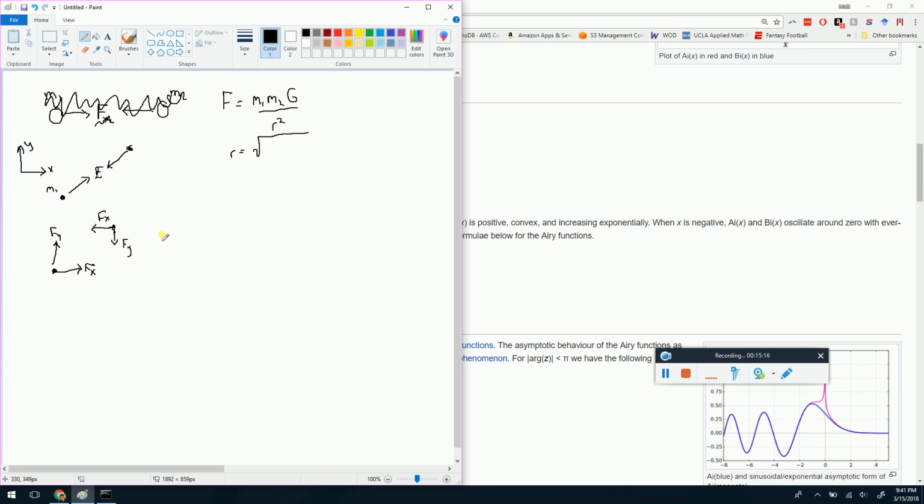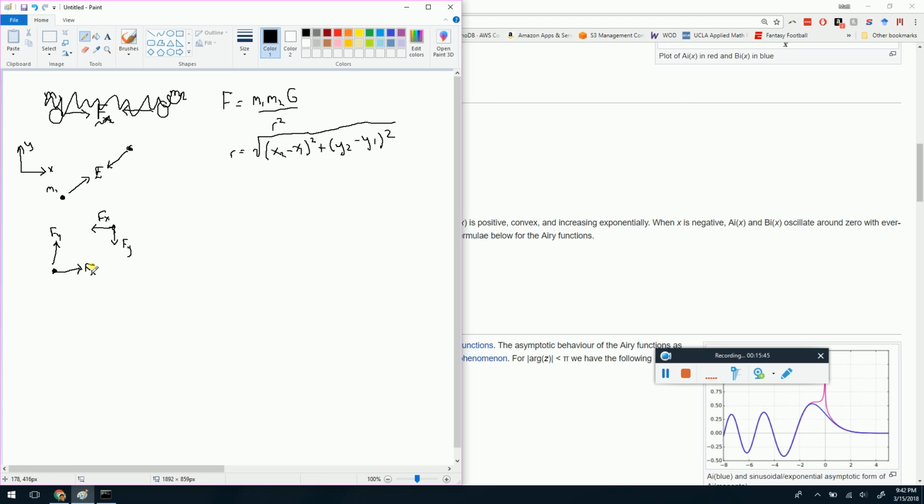So we need x2 minus x1, squared, plus y2 minus y1, also squared. Since it's r squared on the bottom, it's really over this, and there's no square root. So that's the force. Let's find the acceleration.